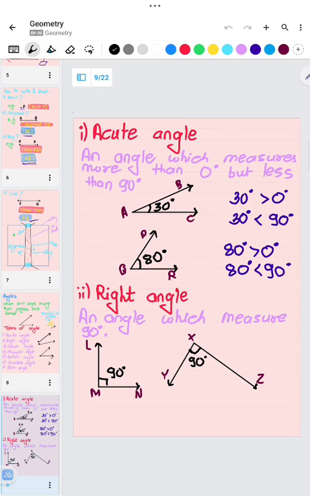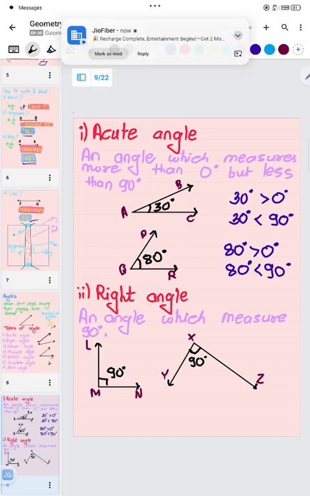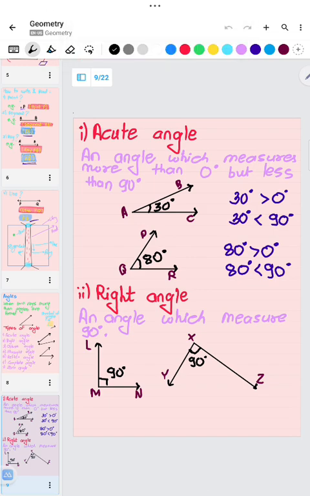Here we have drawn one angle, 30 degree. 30 is more than 0 degree but less than 90 degree, so this angle is acute angle. Second example, 80 degree. 80 degree is more than 0 degree and less than 90 degree. Simply, it is an acute angle.